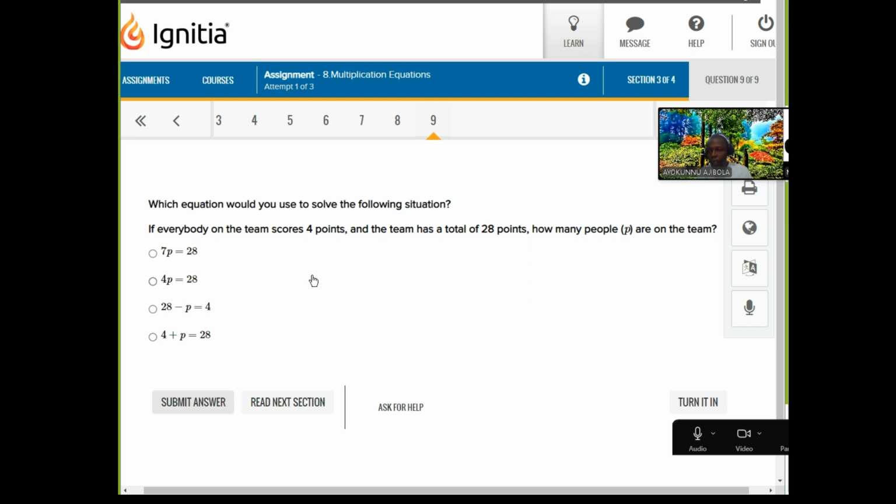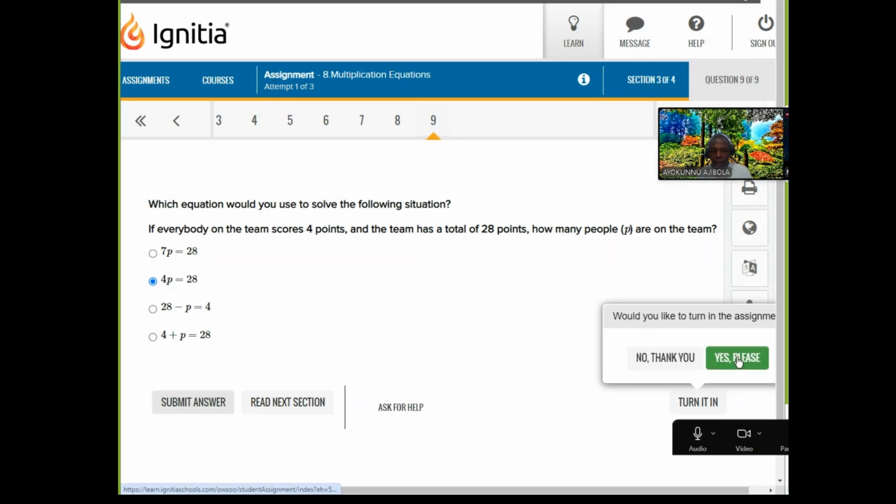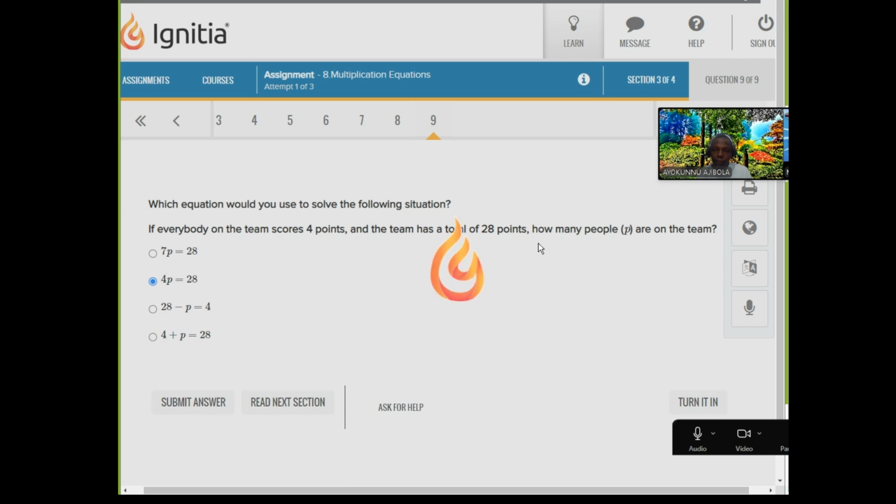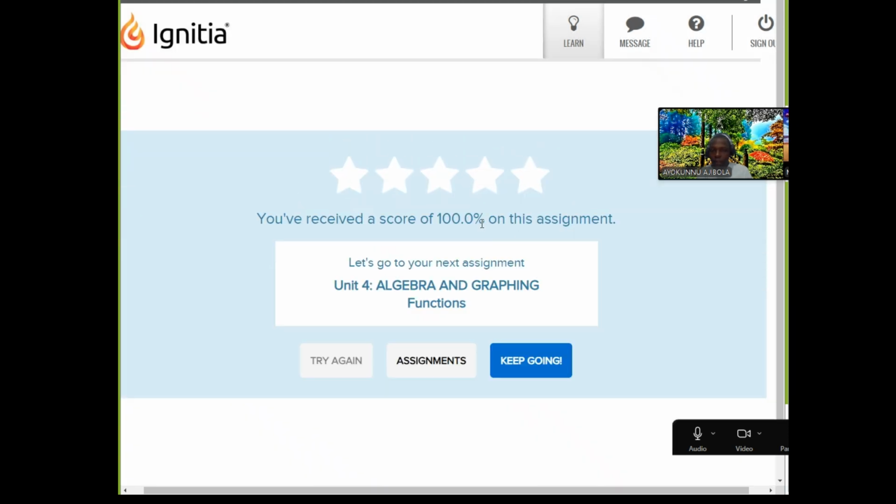So if everybody on the team scores 4 and the team has a total of 28, how many people are on the team? 4p is 28, 4 times the number of players, okay? And that is where we turn this in, okay? Yes. So what's the score for this?